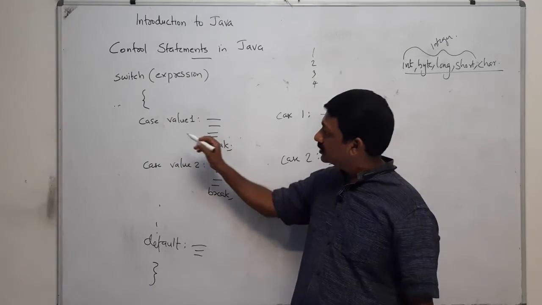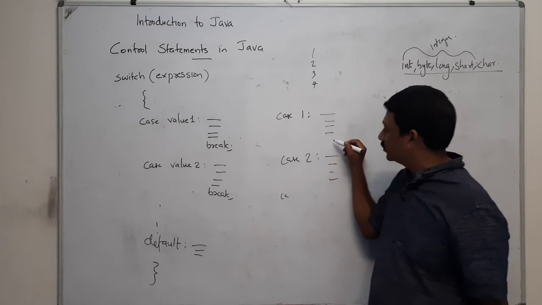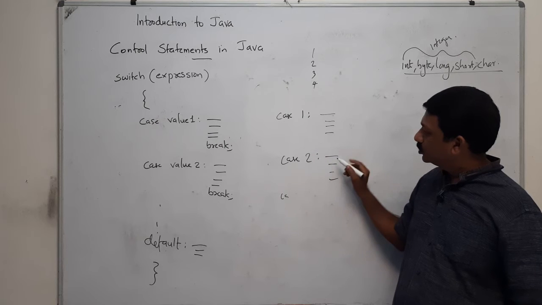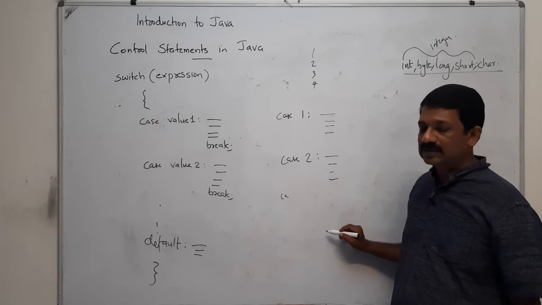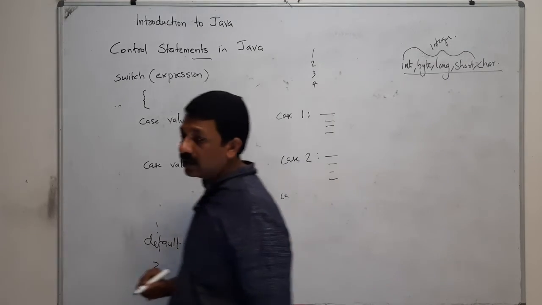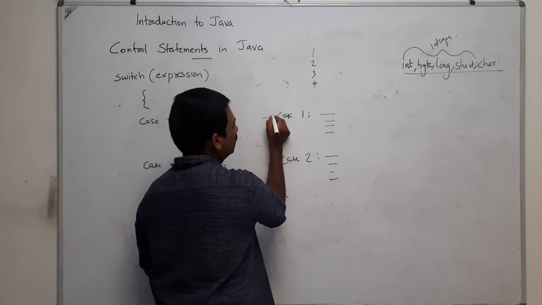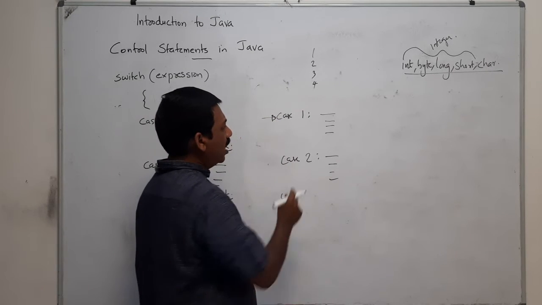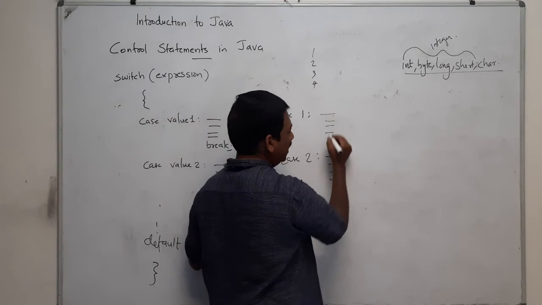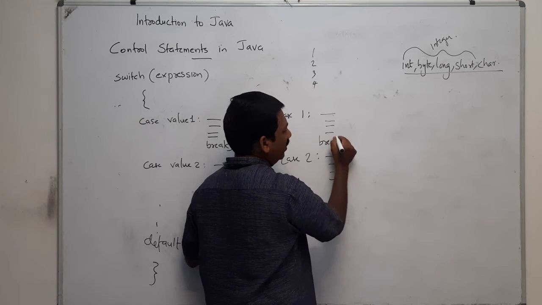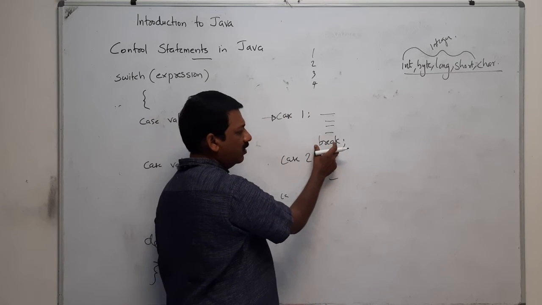And if it is case 1, what will happen? It will execute this set of statements, and if it is case 2, this set of statements. If it is case 3, some other set of statements, etc. Control is transferred: if it is case 1, control is transferred to this point, and it will execute the sequence of statements, and as the last statement you should have a break statement. Otherwise, if you are not breaking here, what will happen?